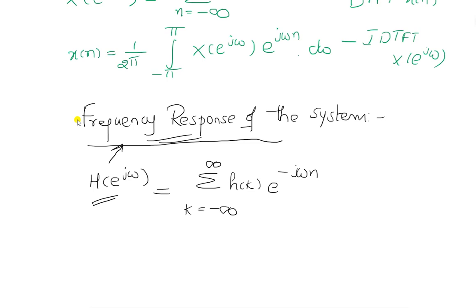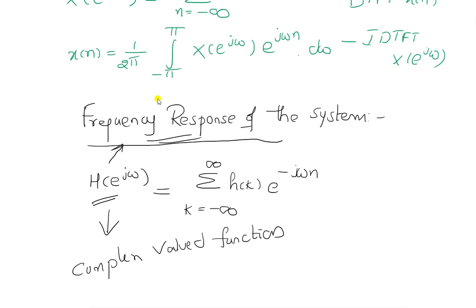From that, the frequency response H of e to the power of j omega is a complex valued function, and it can be expressed in polar form.